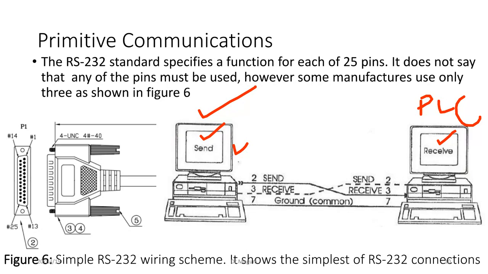There's only hope that it has sent the information. When this changes, and this one becomes the sender and this one becomes the receiver, pin 2 will send information and pin 3 will receive information. And they've got pin 7 as their common ground. But there's no acknowledgement whatsoever.